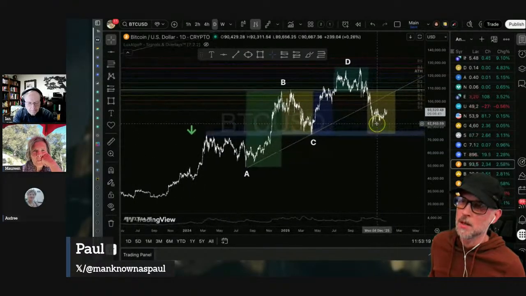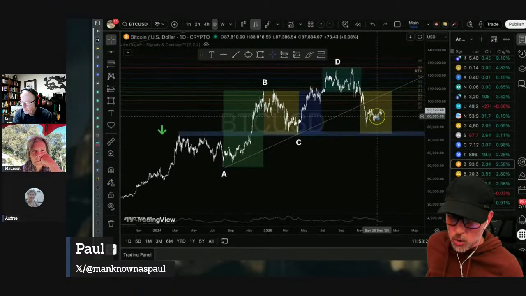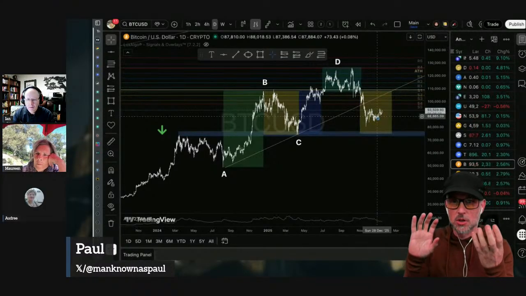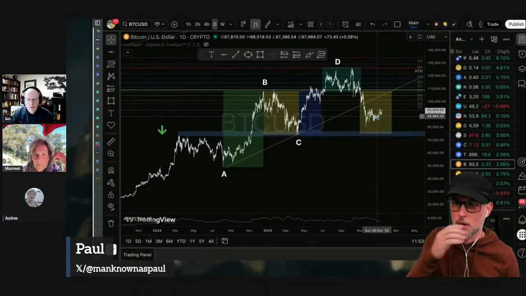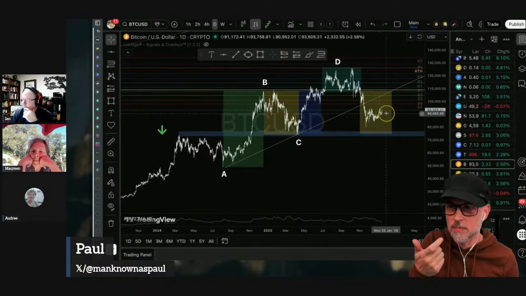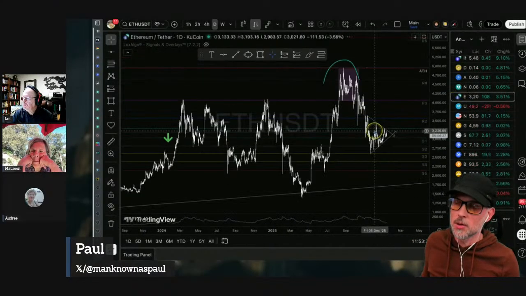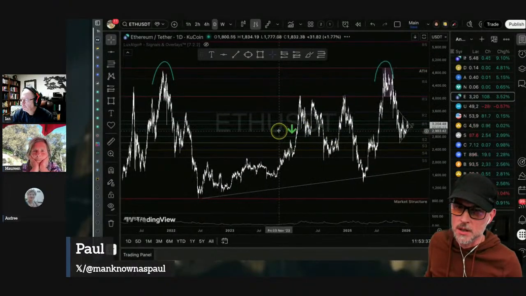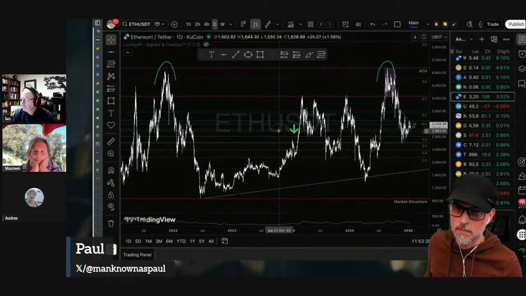Bitcoin is correlative to gold, like we were talking about before. The equivalent in silver is Ethereum, simply because of the volume of trade that occurs with Ethereum.